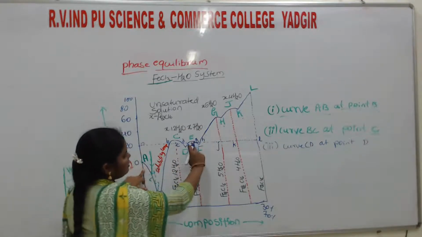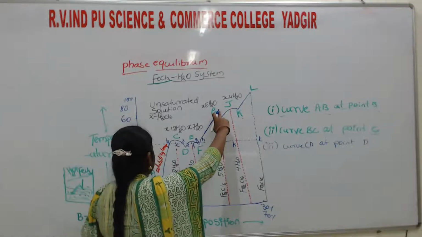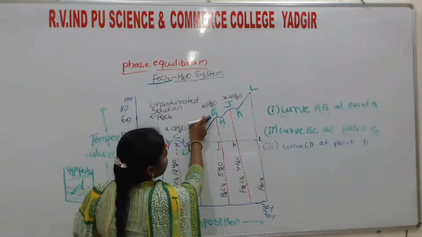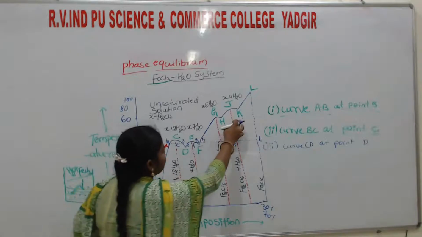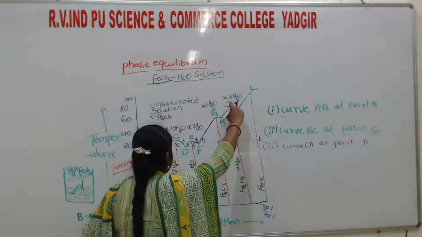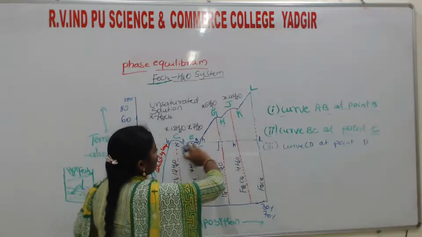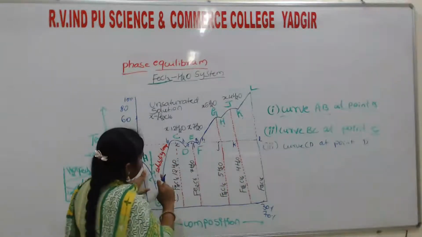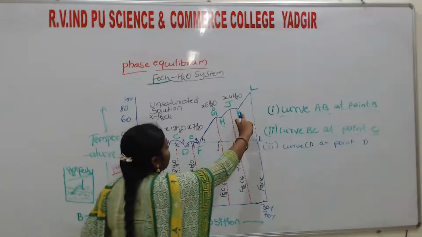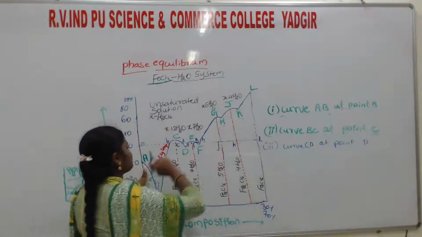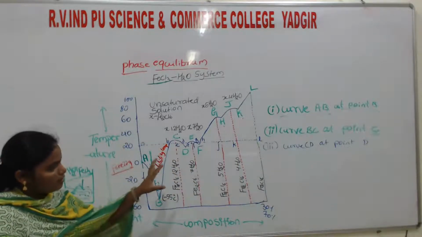EF and this AC, and FG and this GC, and this GH and this AB, and this HJ and this BC, and this JK, this AB, and this KL and this BC. These are similar curves here.